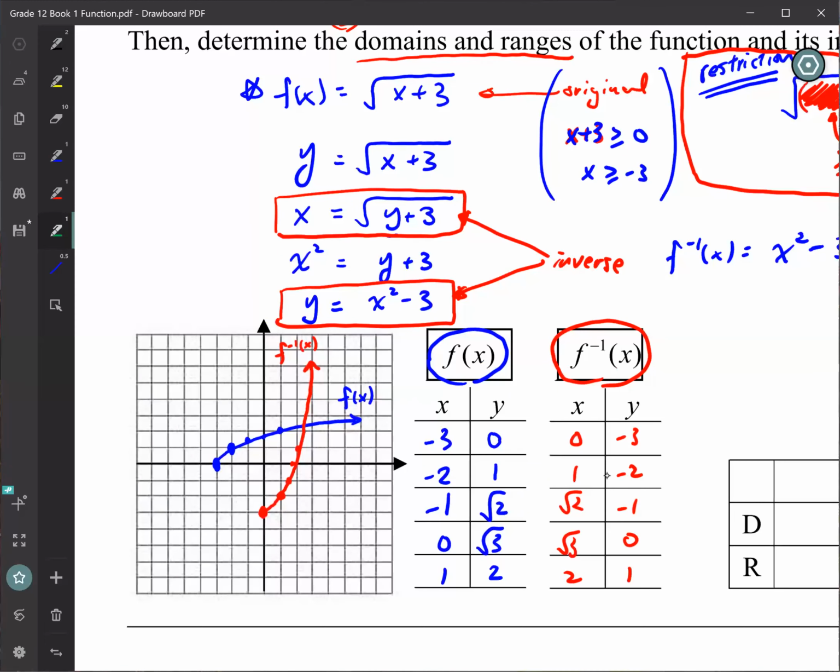Raise your hand if you got the two graphs written down. Catherine, have you got the two graphs? Almost. Okay.